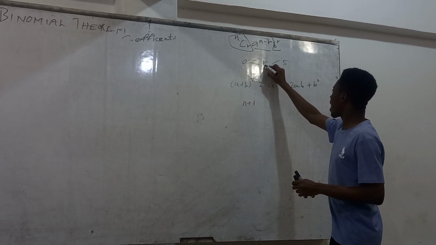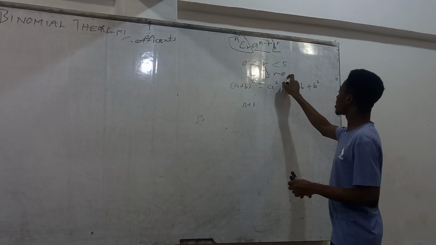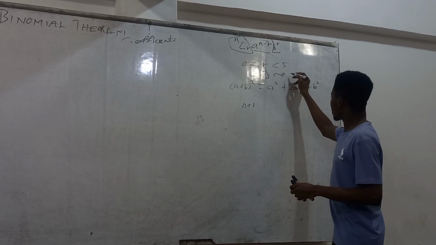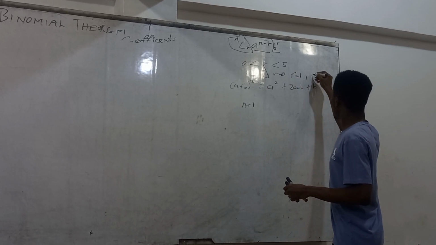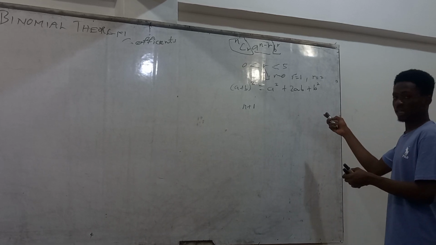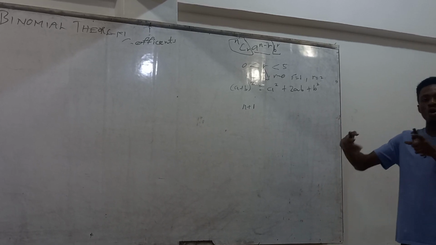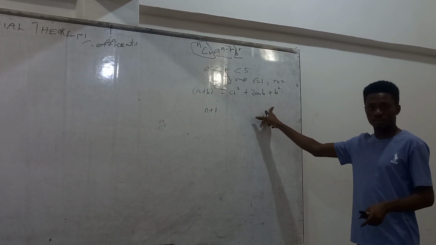The first term, r will be 0, so its index number is 0. The second term's will be 1, right? And the third term will be 2. This one looks easier, but when we go into more complicated examples, it becomes tricky.